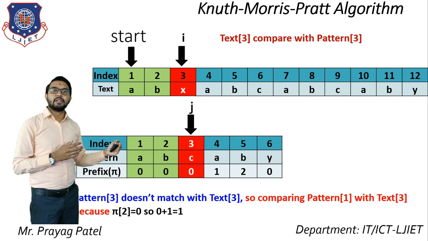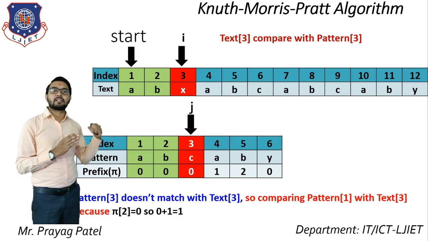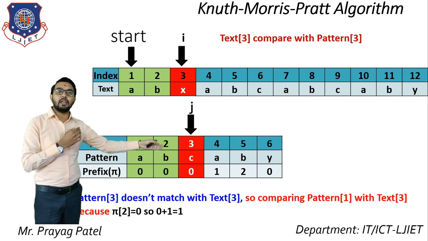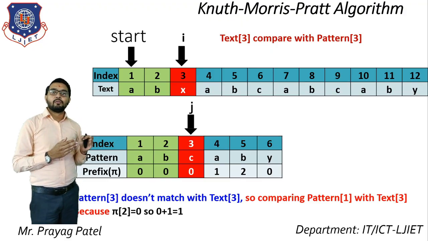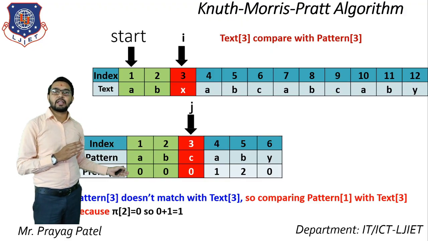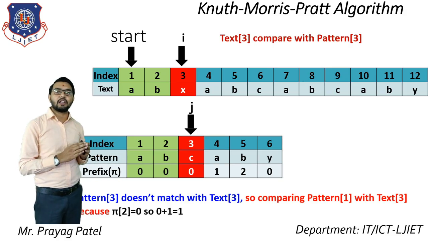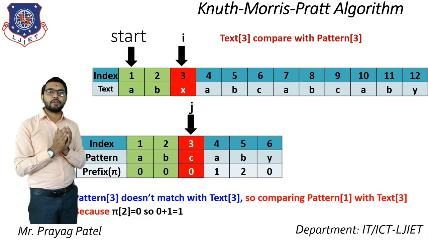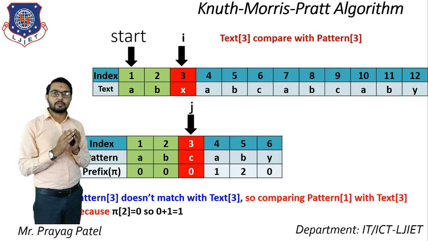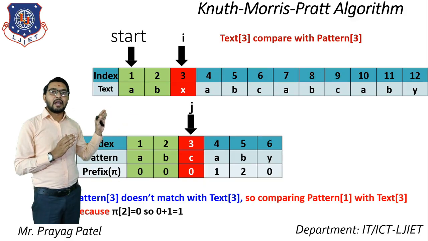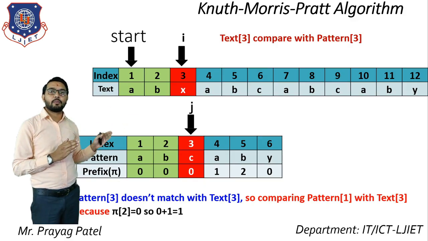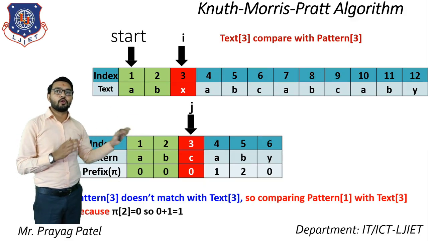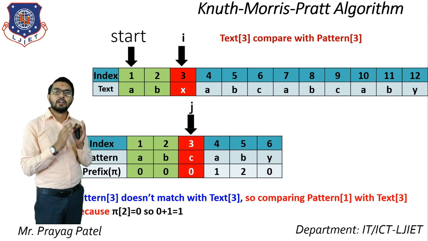So the next comparison is pattern 1 with text 3. How can we find the next comparison? For that we consider the second table, the prefix table of the pattern. In the pattern table, find the value of the prefix function pi. Here consider the last match position in the pattern. Remember this point. The last match position of your pattern is 2, because the third location is not matched.